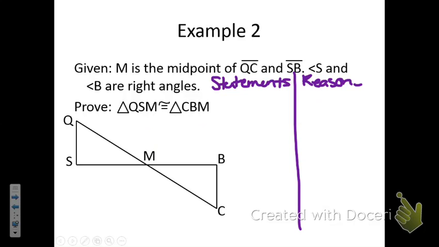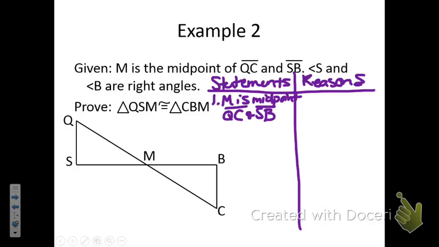Your given information. So the first thing I'm going to do is copy down that given information. M is the midpoint of QC and SB, and angle S and angle R are right angles.